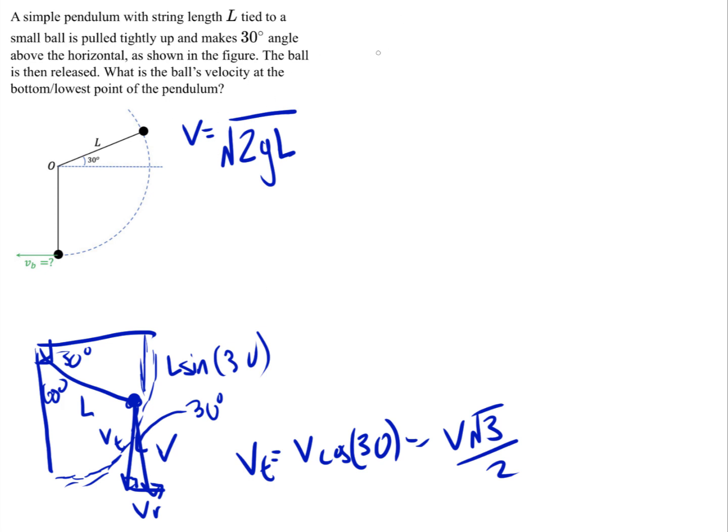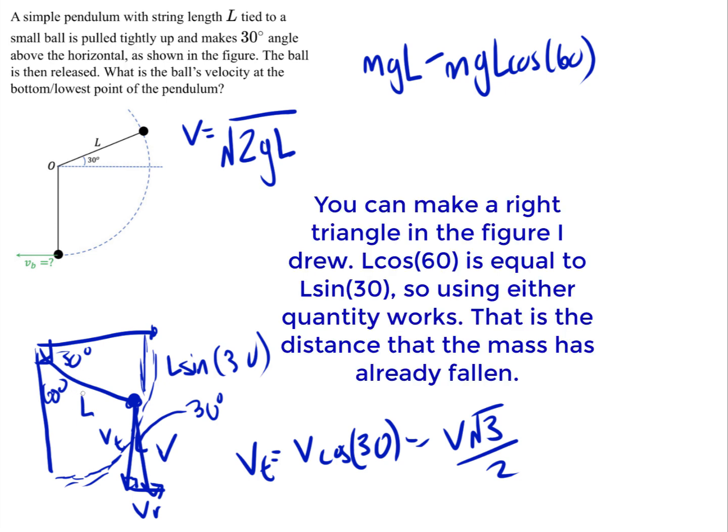So from there, we can say this expression is for the gravitational potential energy. mgL, which is up here, minus L times the cosine of 60 degrees, which is this length here.